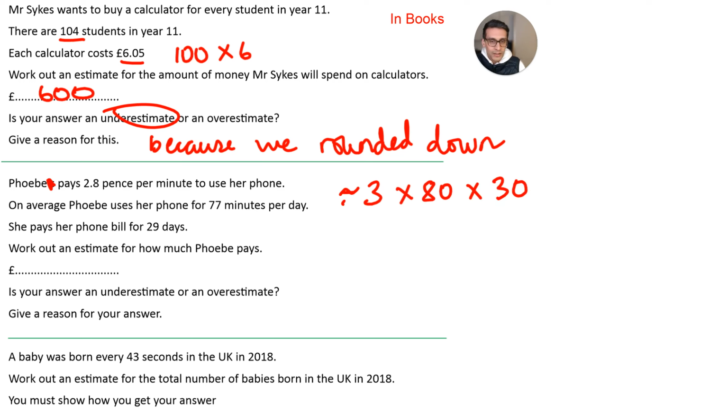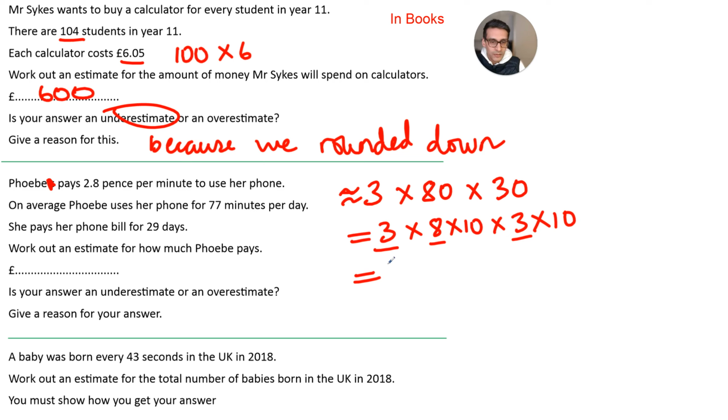So this is an estimation, and I'm going to break this down now. So this is the same as 3 times 8 times 10 times 3 times 10. And then we're going to multiply the 3 and the 8 and the 3. So 3 times 3 is 9. 9 times 8. So we're going to write that underneath here.